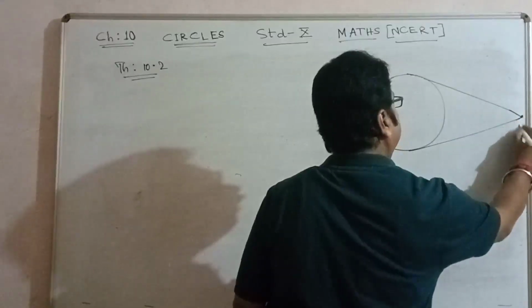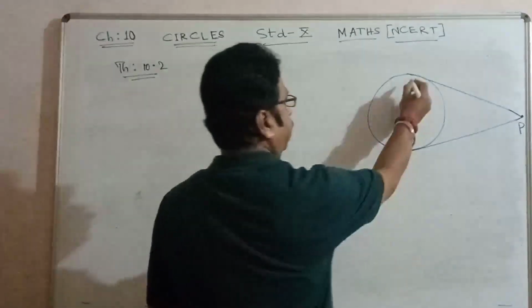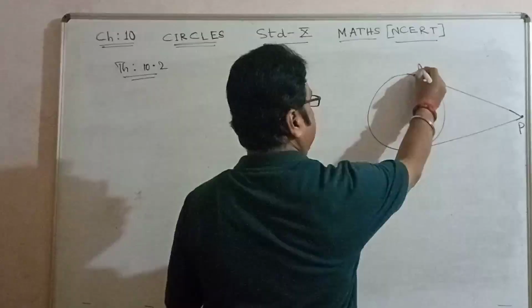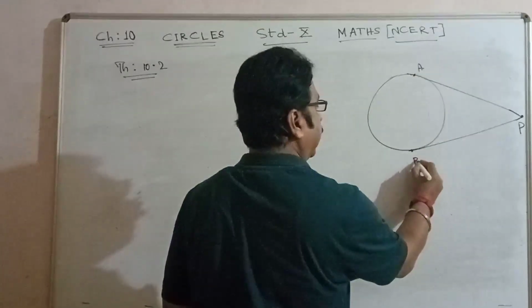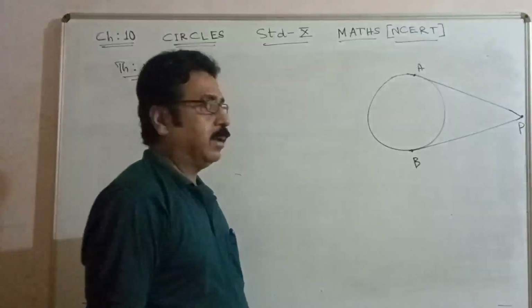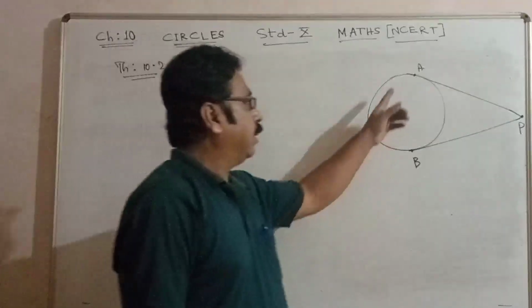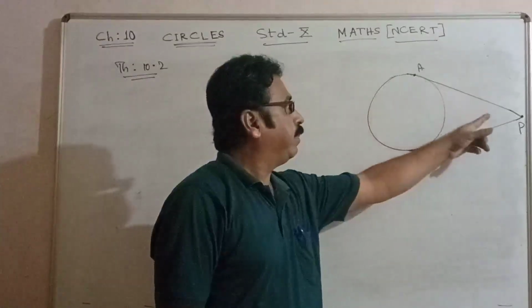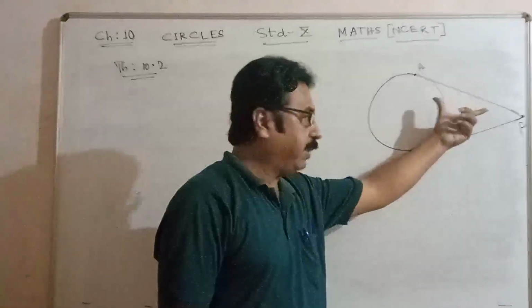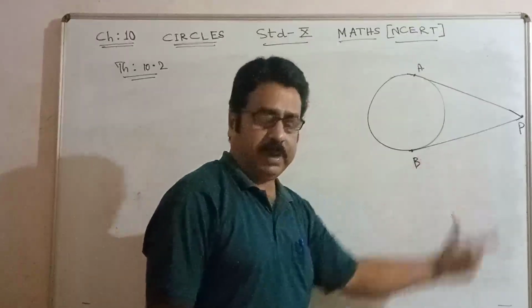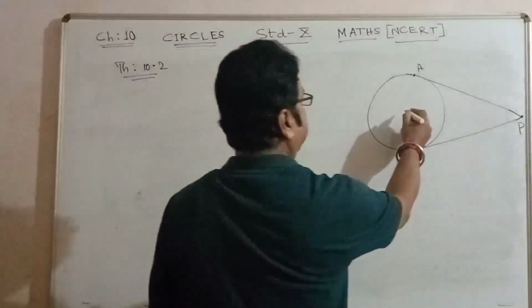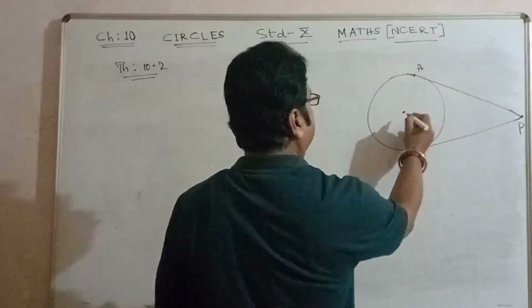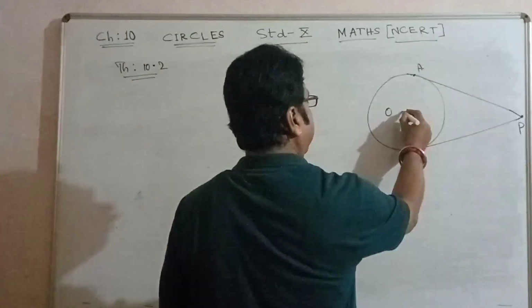Suppose this is an external point P, PA and PB are the tangents. Length of tangent PA is PA only and PB is PB only. This is the center of the circle O.